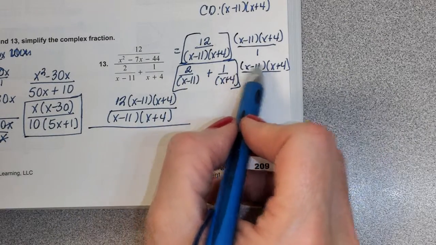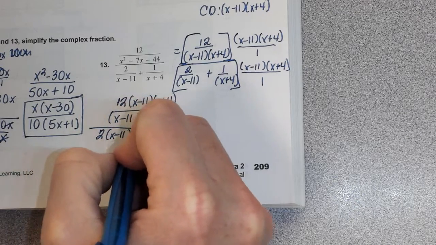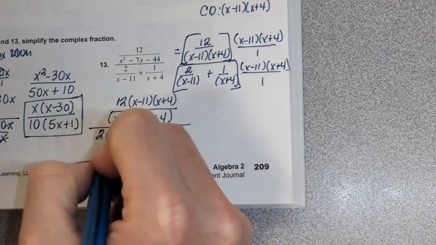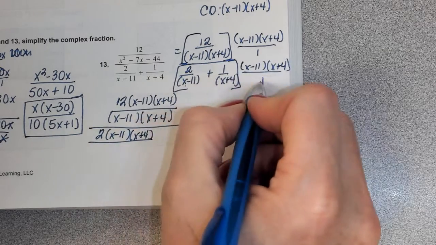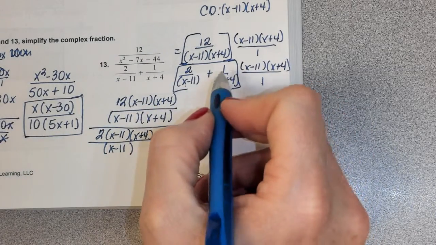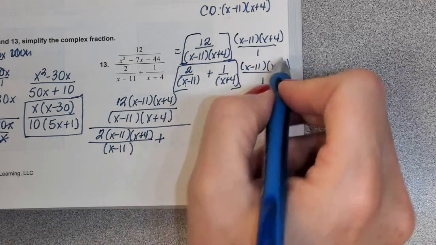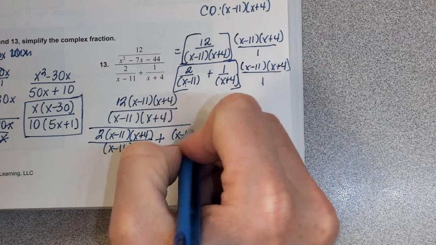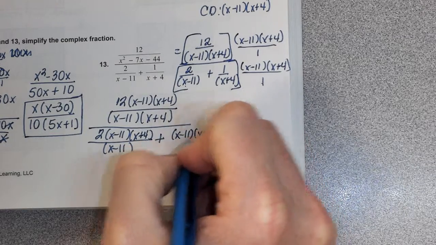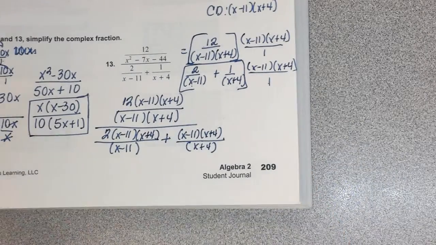So I'm going to have 2 times this times this. So I have 2 times x minus 11 times x plus 4 all over, multiply the bottom, x minus 11. Go to the next term, plus, multiply straight across, x minus 11, x plus 4, over, x plus 4.